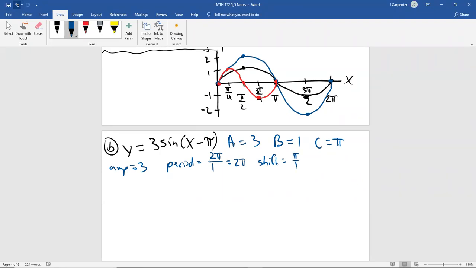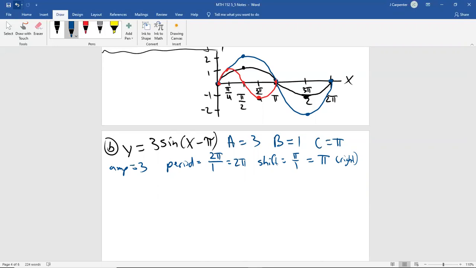And again, this is shifting right, so these signs are correct. I like to at least point it out, though, to be meticulous, because some people get those signs wrong, the plus or minuses. That's a right shift, because this was a minus. Again, if you set the inside equal to 0, you just add pi to both sides, you get x equals pi as the shifting factor.